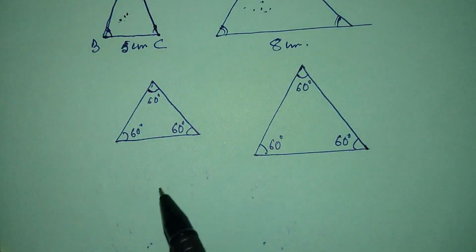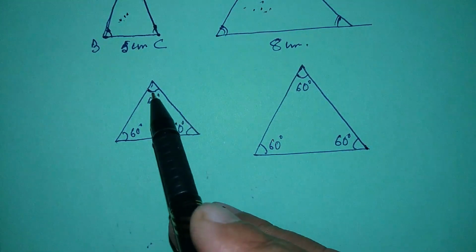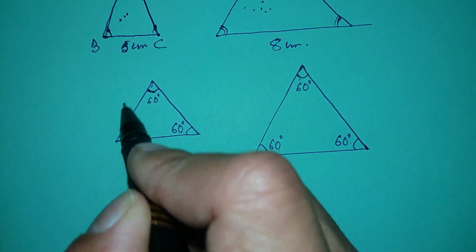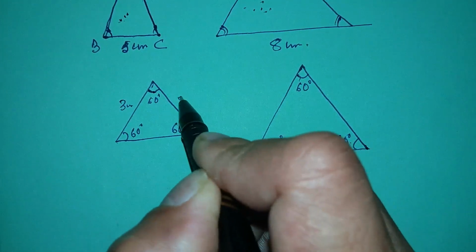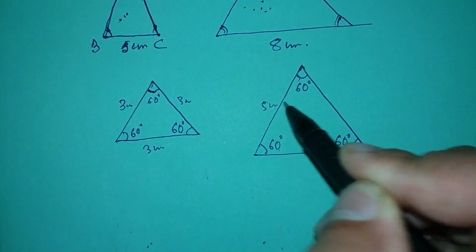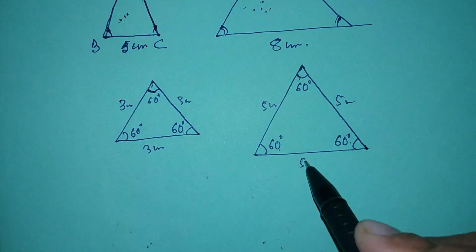So the first condition is satisfied, that is the corresponding angles are equal. And now for the second condition, let's say this is 3 centimeters, 3 centimeters, 3 centimeters, and let's say this is 5 centimeters, 5 centimeters, 5 centimeters.